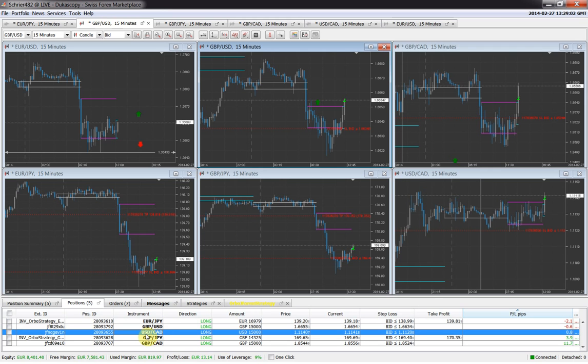I have my trigger here on dollar CAD, because we can get some news to the downside on dollar CAD now. Okay, I'm willing to close it very fast.